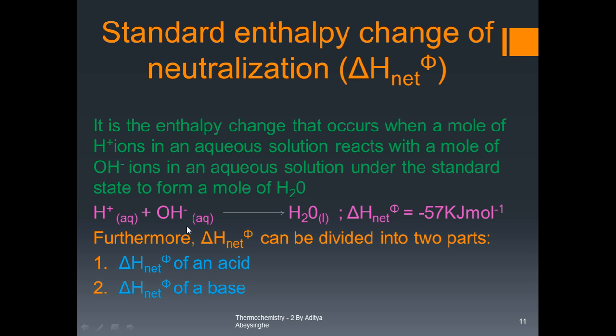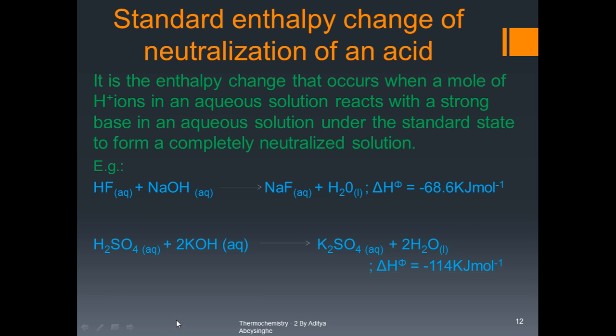As I mentioned a little while ago, the standard enthalpy change of neutralization for a general reaction can be divided into two individual parts: the standard enthalpy change of neutralization for an acid and that for a base. When I explain these, you should always distinguish the differences between them.